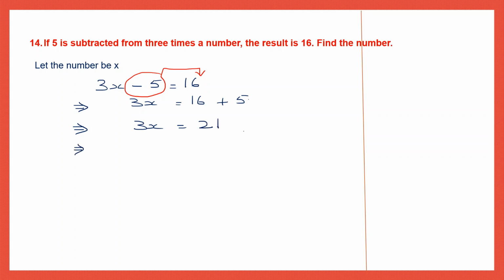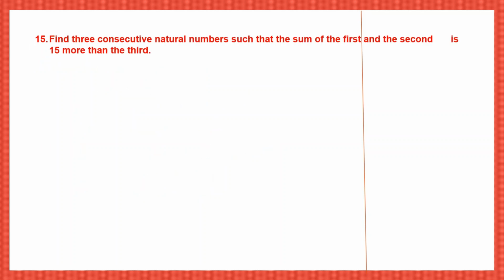Now we can find the value of x. x is equal to 21 divided by 3. 3 sevens are 21. So we have found the value of x. x is equal to 7. So this is the number. We've been asked to find the number and the number is 7.